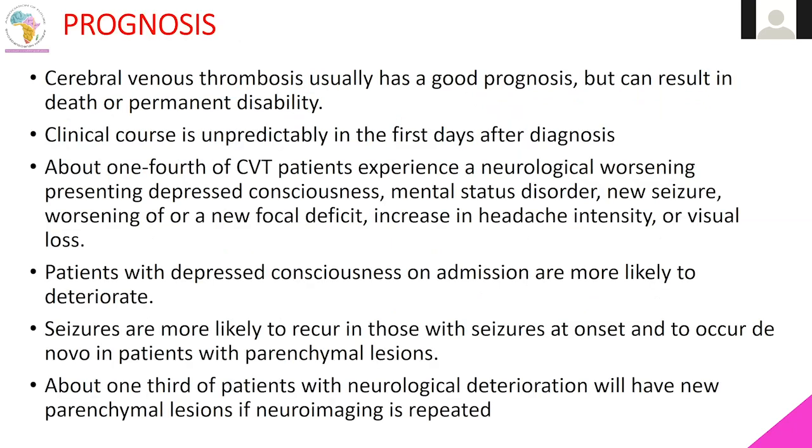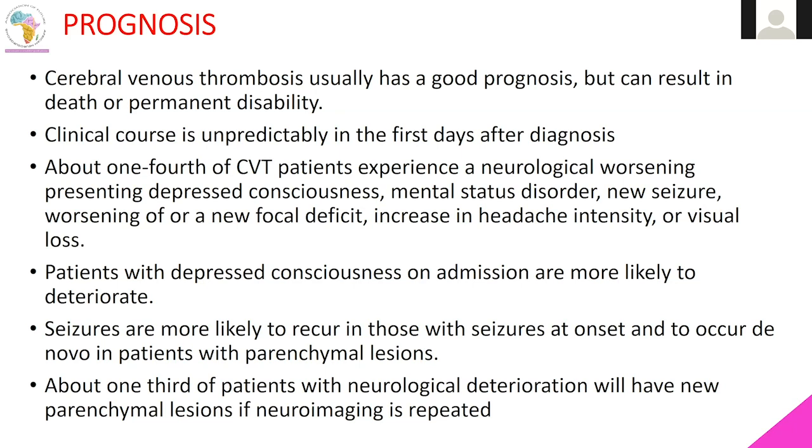So, about the prognosis, cerebral venous thrombosis usually has a good prognosis but can result in death or permanent disability. The clinical course is unpredictable in the first days after diagnosis. About a quarter of CVT patients experience a neurological worsening, presenting with depressed consciousness, mental status disorder, new seizure or worsening, a new focal deficit, increase in headache intensity, or visual loss.